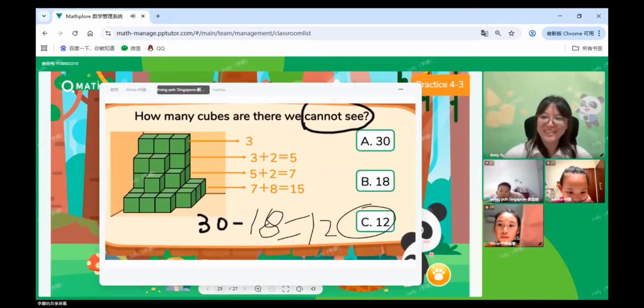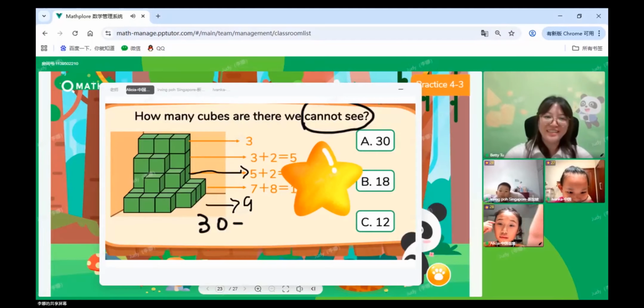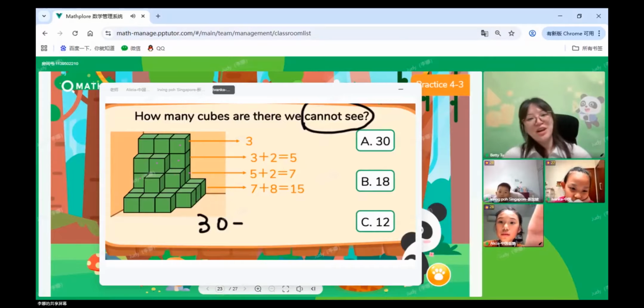Irving found it first, quick. Alicia, Bianca, count how many visible cubes there are.